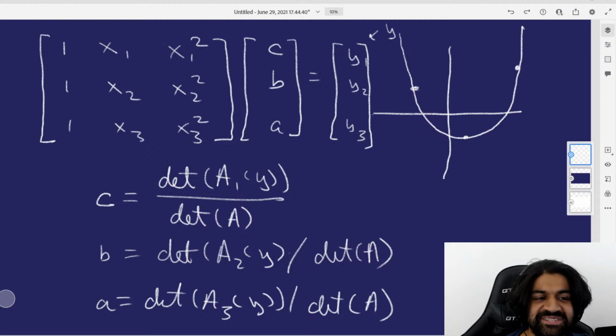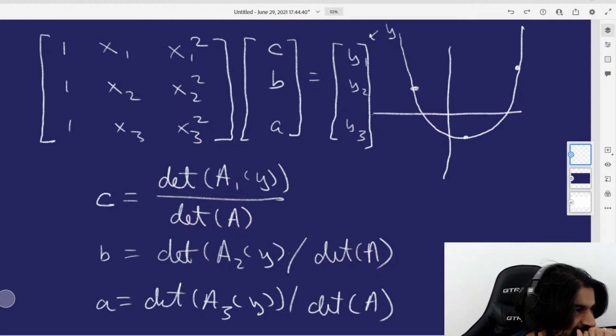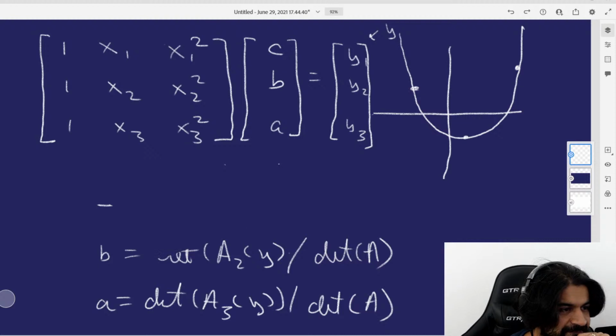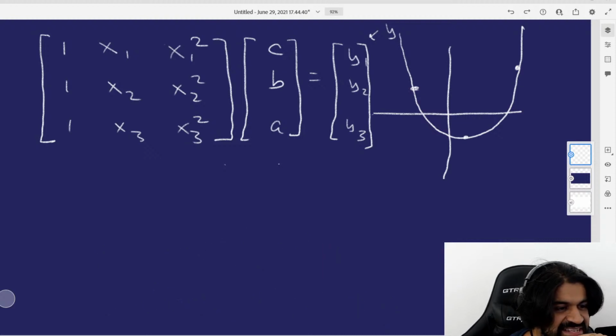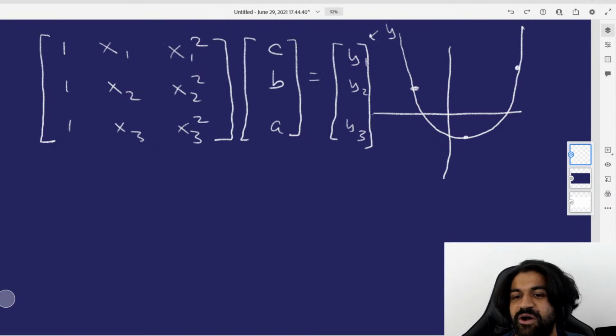So when is the determinant of A not equal to 0? What do you guys think? When could it possibly equal 0, and when could it possibly not equal 0? Because remember, there's a unique quadratic through 3 points if and only if this determinant is not equal to 0. So essentially, it all boils down to us figuring out when this determinant is not equal to 0.